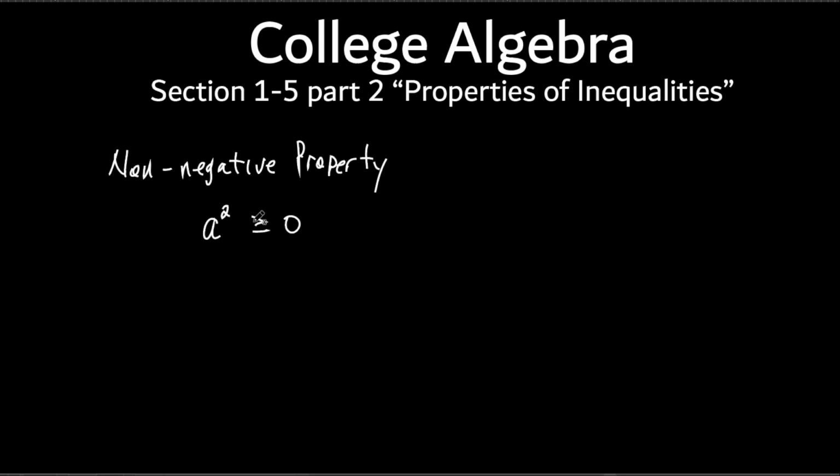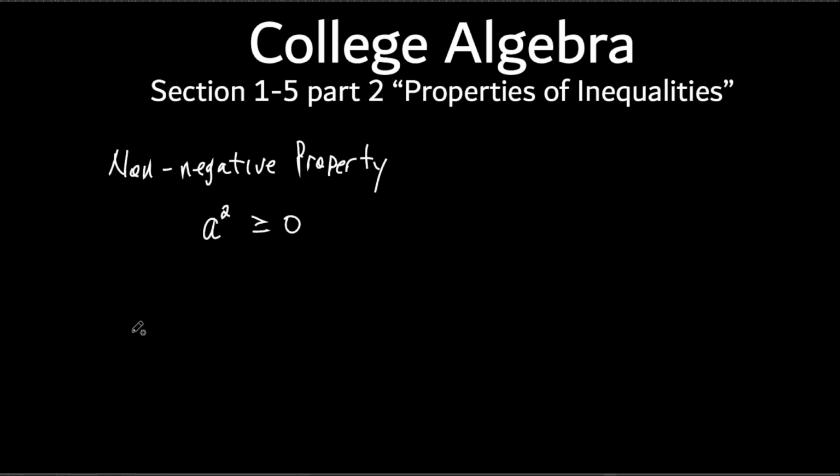Anytime you see greater than 0, it means it's going to be positive, and it could be equal to 0. So if I put a 0 in for a, 0 squared is 0. That's the only time that this thing could actually equal 0. But I could put any number in, any negative number, any positive number. If I square it, it always turns positive. So that's basically what that means.